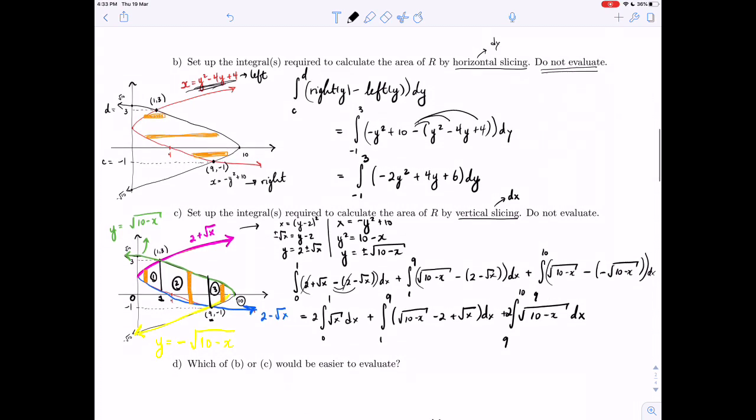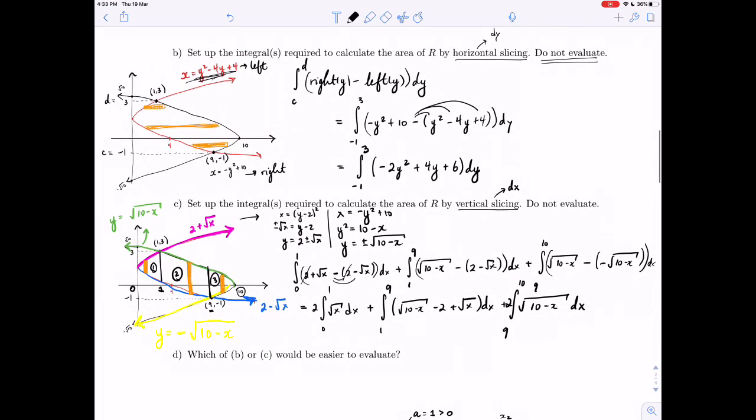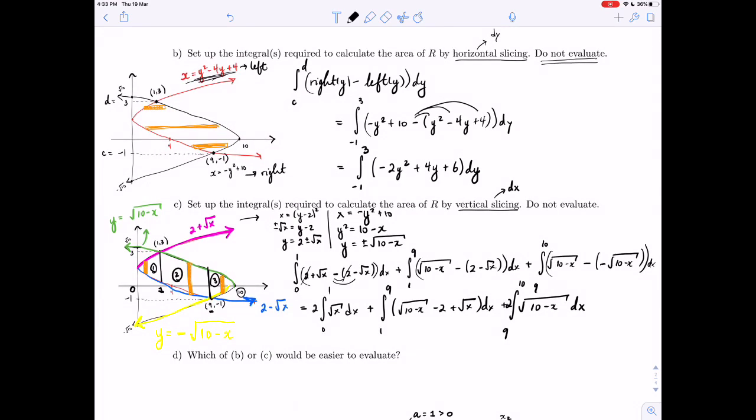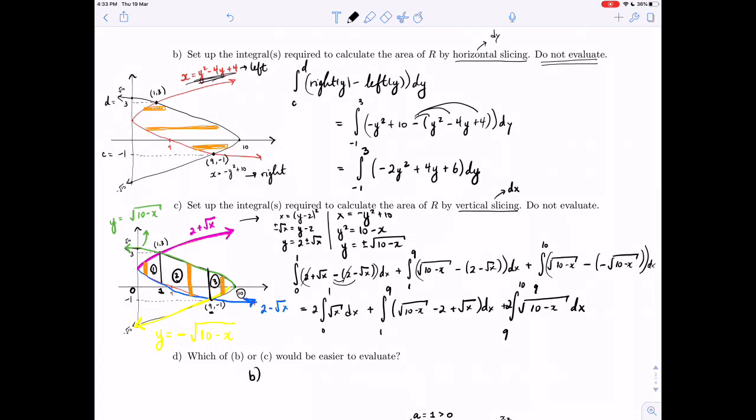So finally, part D, which of B or C would be easier to evaluate? Well, I think the answer is pretty clear that the integral in B would be easier. 1, it's a polynomial, so B is easier. Why? 1, it's only polynomials, no root functions.